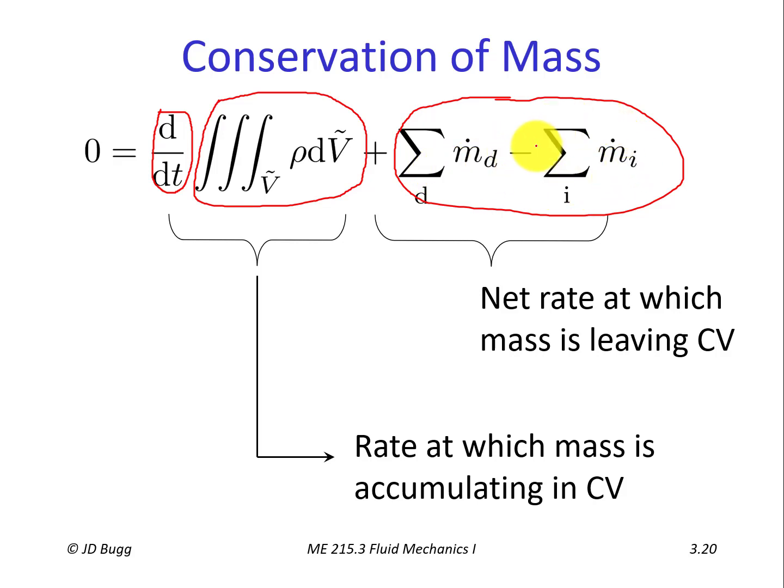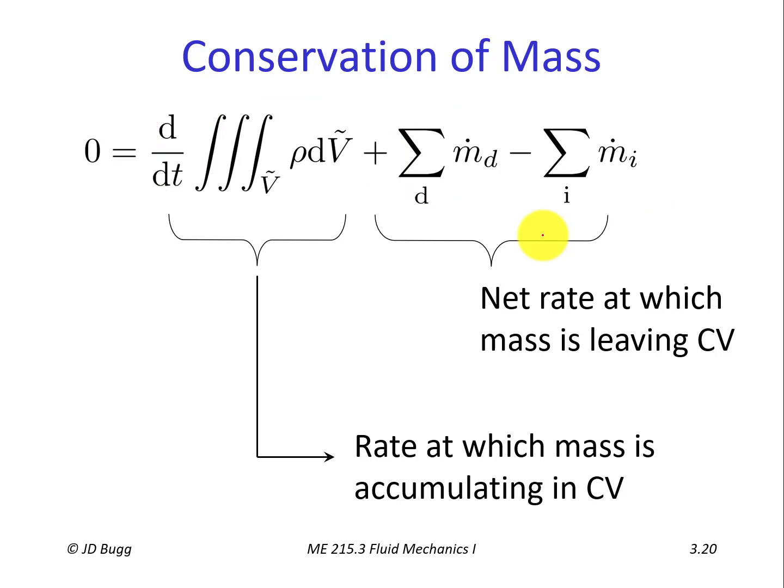So this term is dominating. There's net flow into the control volume. One of those is positive, the other has to be negative in order to balance out and give us conservation of mass.